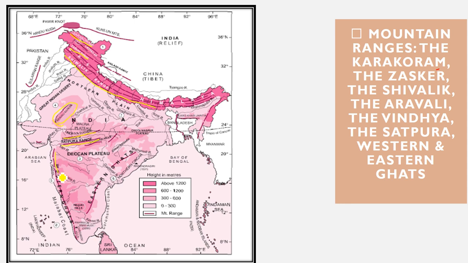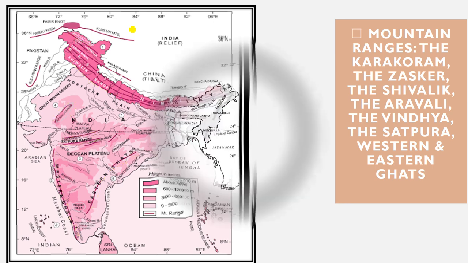Western Ghats and Eastern Ghats. They are pretty much very easy to locate, right? If you have any problems, you can come back to this point of the video and you can locate. Let's go to the next one.